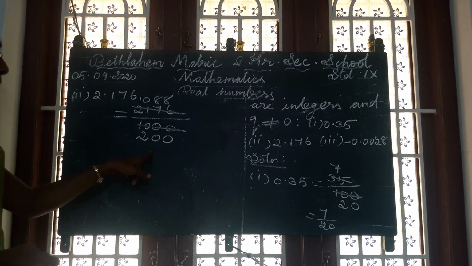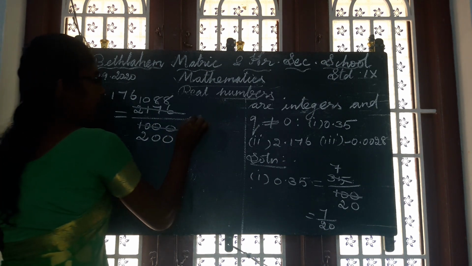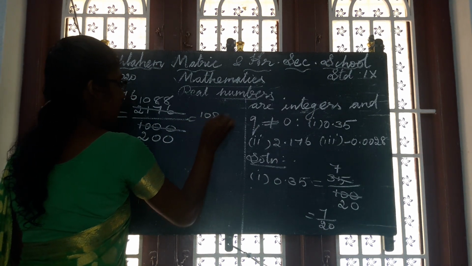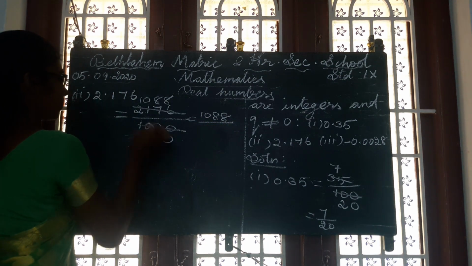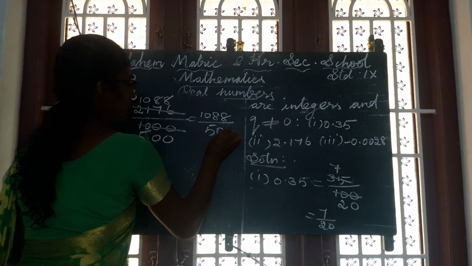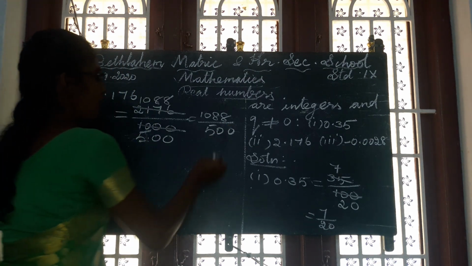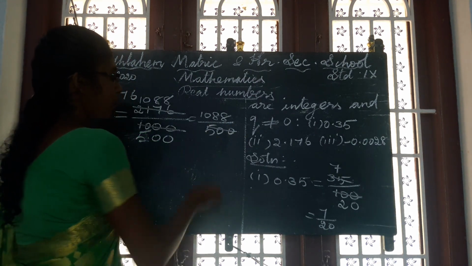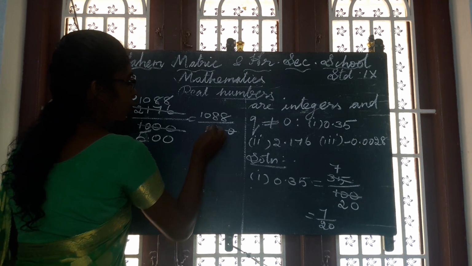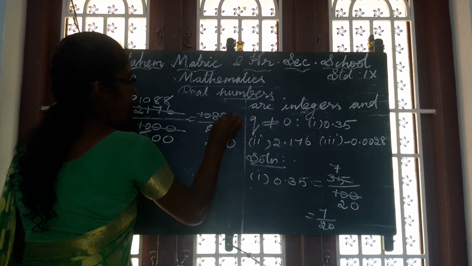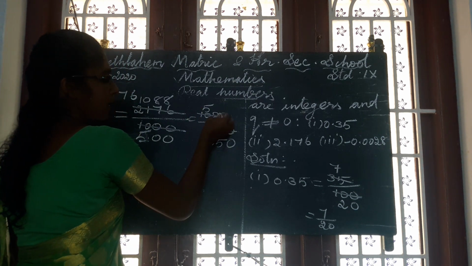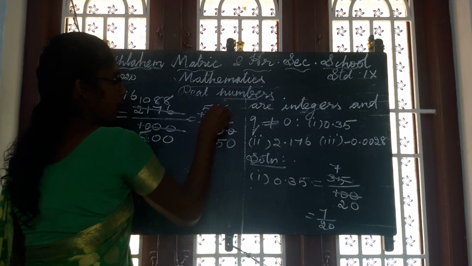Then again it can be cancelled. 2 2s are 4, 1 balance, 5 2s are 10, 0. 5 2s are 10, 4 2s are 8, 4 2s are 8.